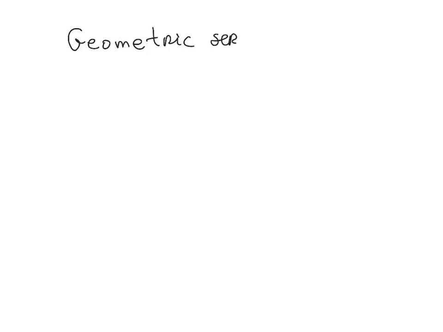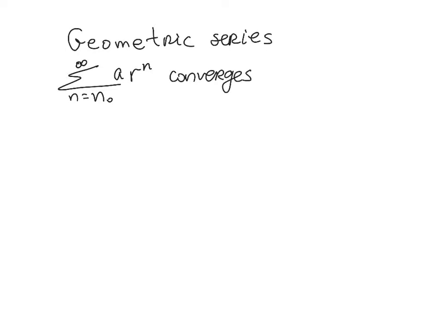We'll write this as the summation from n equals n sub naught to infinity, and here's what it looks like: some constant a times r to the n. r is called the common ratio, and this series will converge as long as the absolute value of r is strictly less than 1.